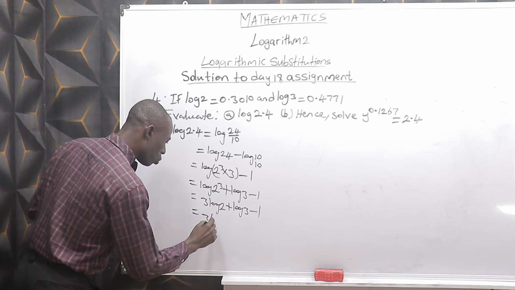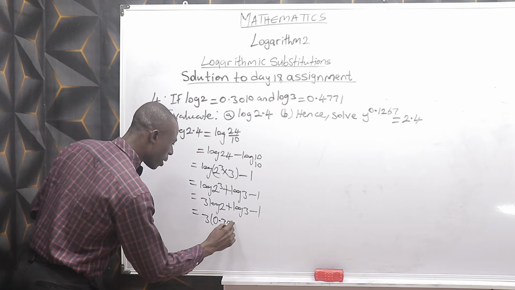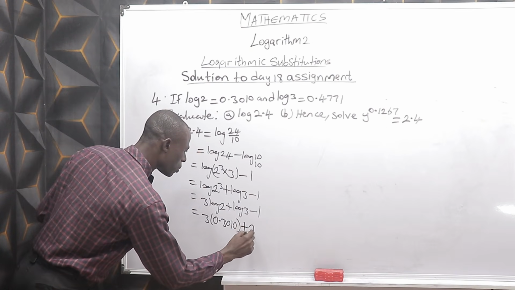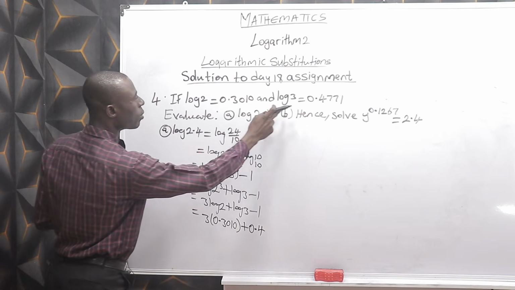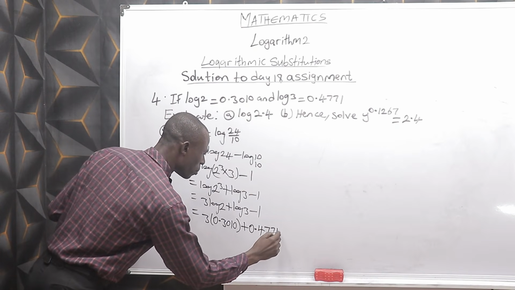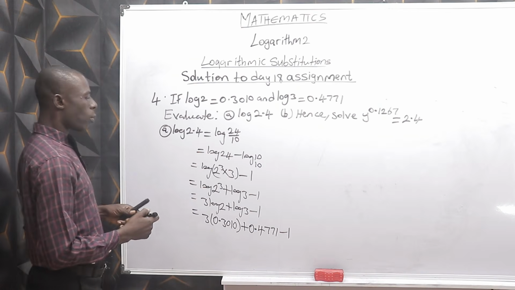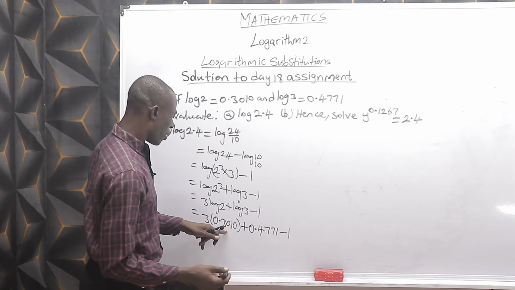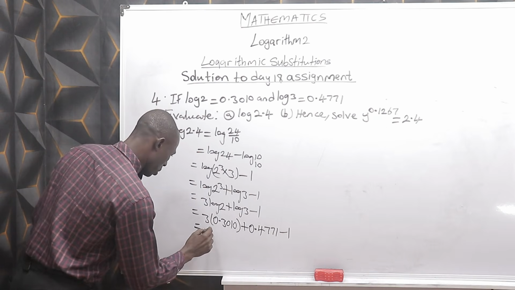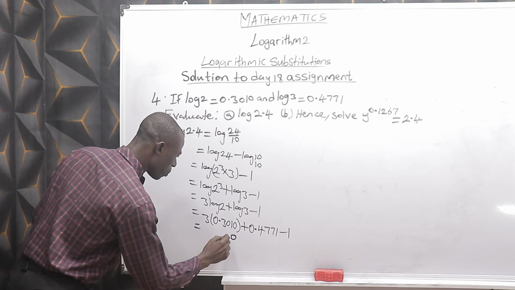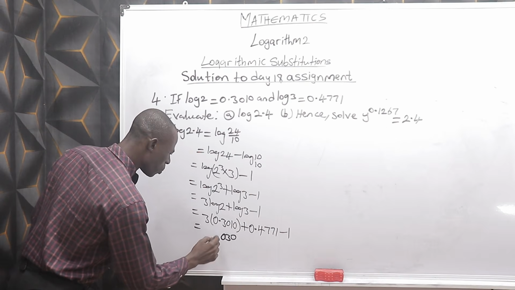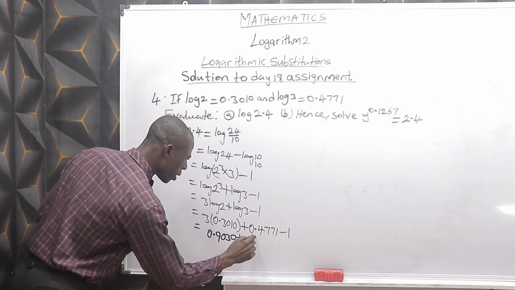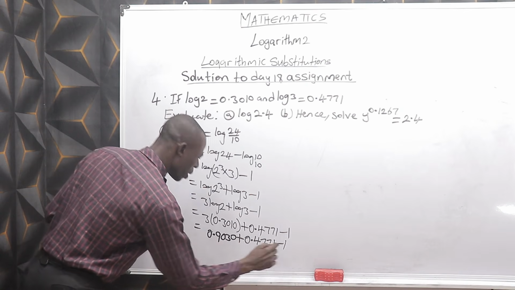Here we have 3 into 0.3010, the value of log 2, plus 0.4771 minus 1. To manage our space, 3 times this gives 0.9030, plus 0.4771 minus 1.